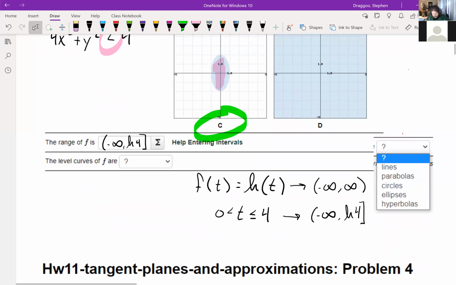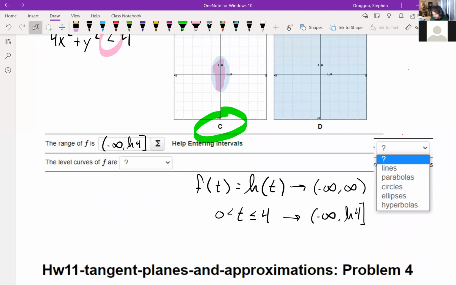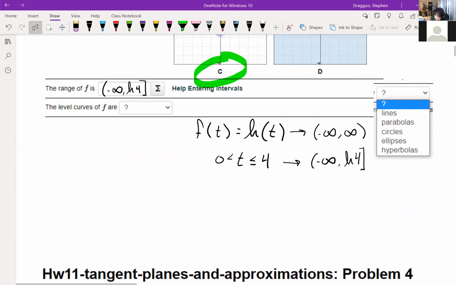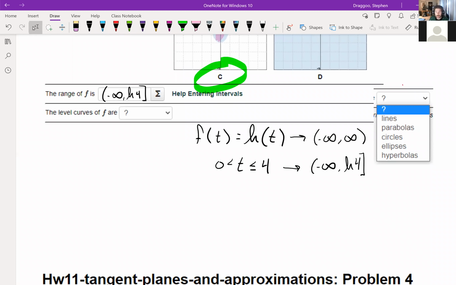Okay, up next, we want to look at the level curves of f. And it looks like I'm going to need to give myself some more space before I can talk about the next tangent plane problem. So if I want to talk about the level curves of f, I want some equation that expresses what our function would look like at a fixed z value.